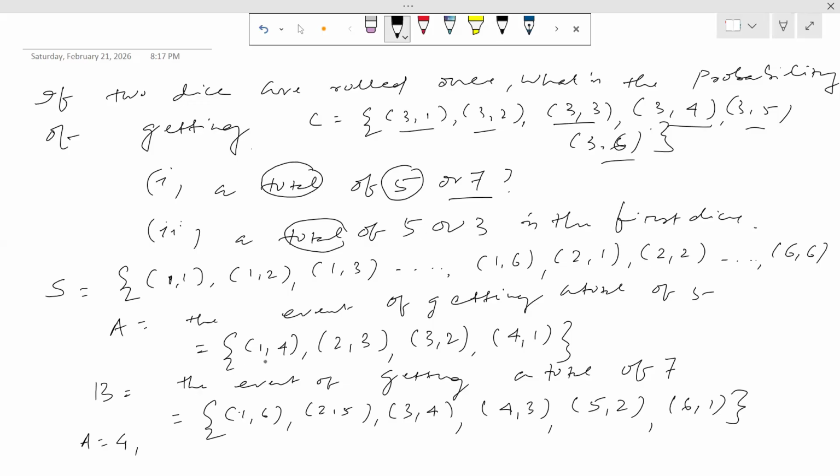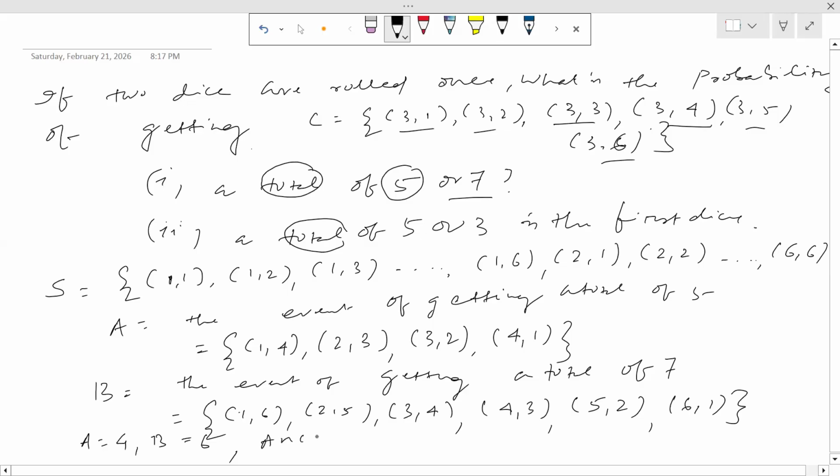In A. Then B, 6 elements are there. Then A intersection C is how many elements? 1, isn't it? A intersection C.